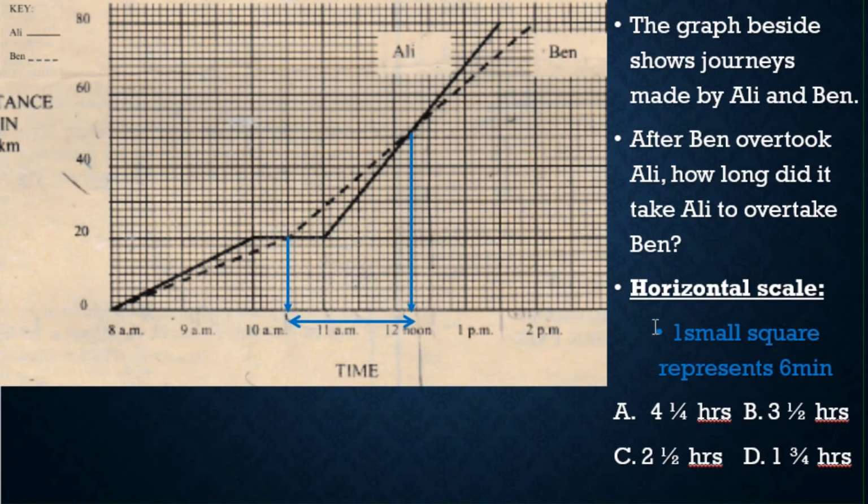It's also very important to mind about the scale used on the horizontal axis, and I've analyzed it here. One small square represents 6 minutes. If you wanted to count the number of small squares from 12, you could have done so, because you'd have said from 12, the first square is 6 minutes, to be 12 and 6 minutes. The second square, 12 and 12 minutes. Then the third one, you can see it's half the box, 3 minutes. So 12:15. So the scale is also very important.